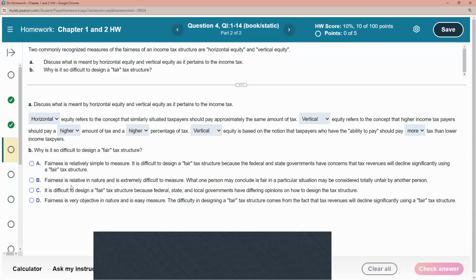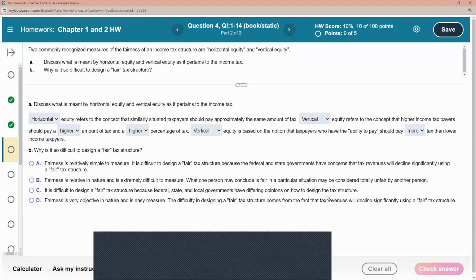B states fairness is relative in nature and is extremely difficult to measure. That is true. It says what one person may conclude is fair in a particular situation may be considered totally unfair by another person. That's true. Seems like a great answer, but we'll go through the others. C: It is difficult to design a fair tax structure because federal, state, and local governments have differing opinions on how to design a structure.